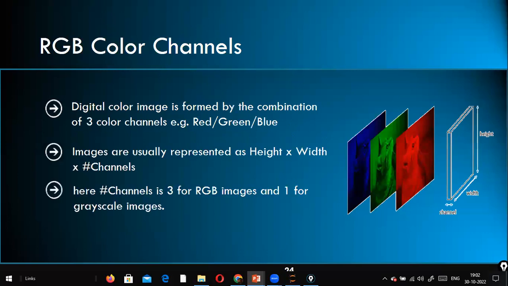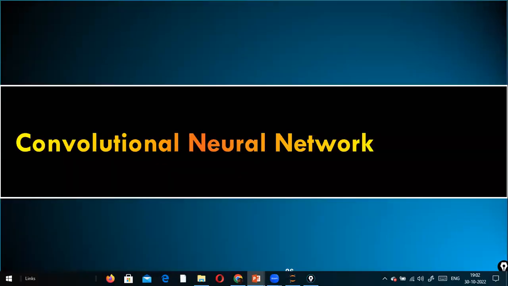Next, we will start exploring what a convolutional neural network is. We discussed the difference between image classification, object detection, and image segmentation, and we also explored what an image is all about.